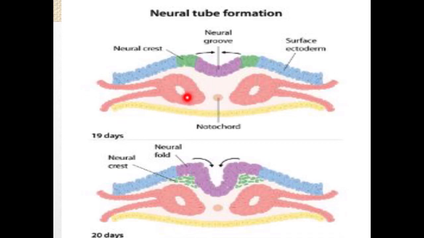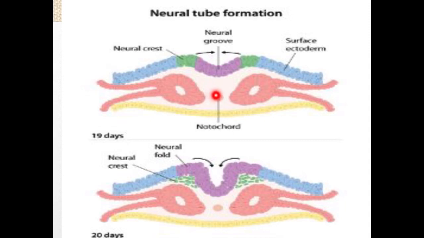On the second to third day, or the 19th day, some of the epiblast cell layers will migrate cranially through the primitive node. And what is the primitive node? That is the cephalic end of the primitive streak, and they form a midline cellular structure called the notochord.